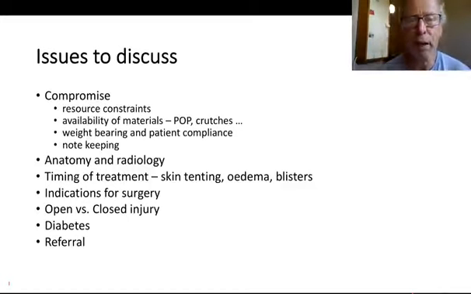Then there's compliance problems. You know, so you say, well, I'm going to treat this patient in plaster of Paris. But technically, then the patient needs to be compliant with non-weight bearing. And I can tell you, at least 90% of my patients walk on their plasters, if not all of them. So that doesn't work either. You know, you can say, well, then I'm going to put an above knee plaster on, and I'm going to flex the knee to 90 degrees.